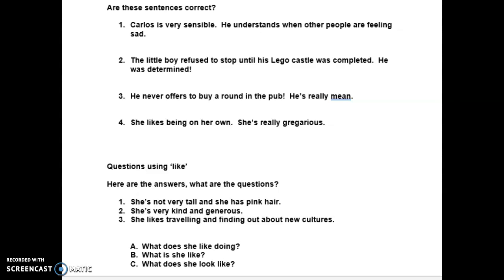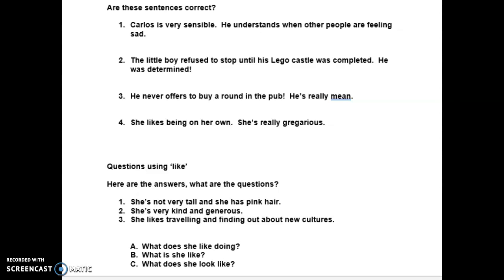Then we're going to move on to questions using like. They need to use these questions in the speaking activity that's coming up at the end. What I would do is say to them, okay, we're going to think about some questions using the word like.